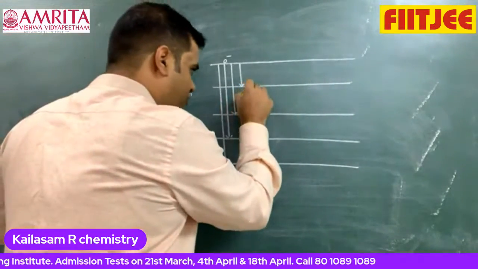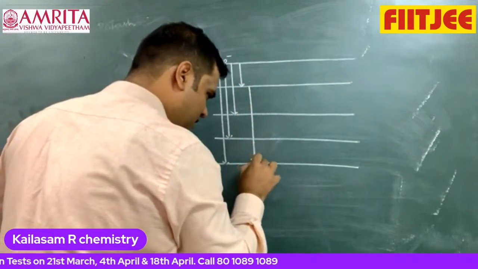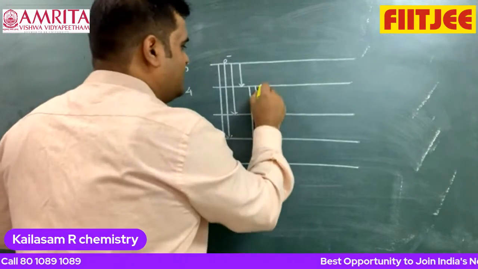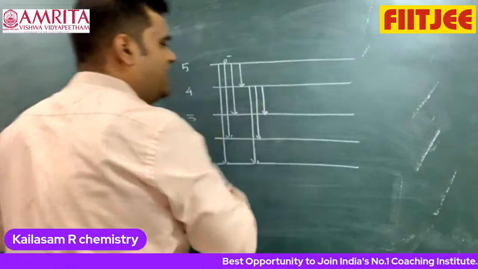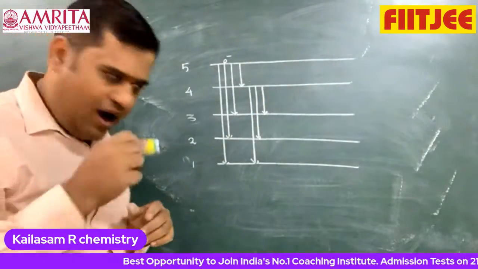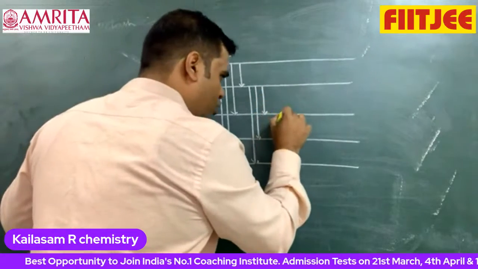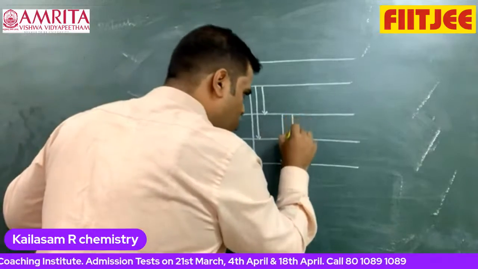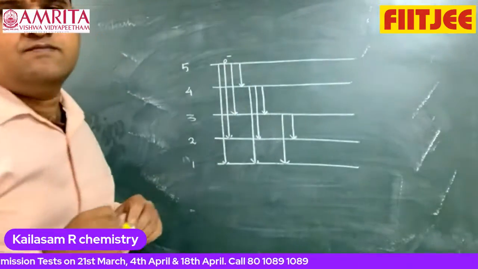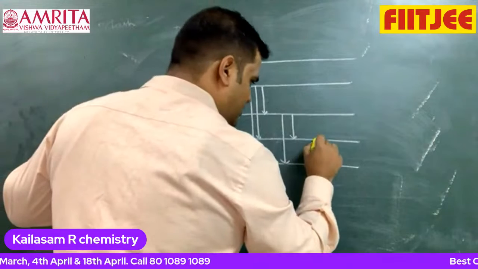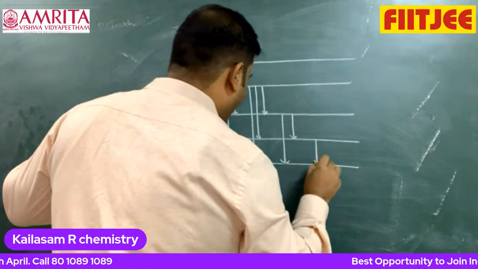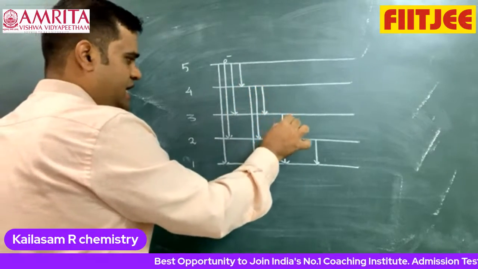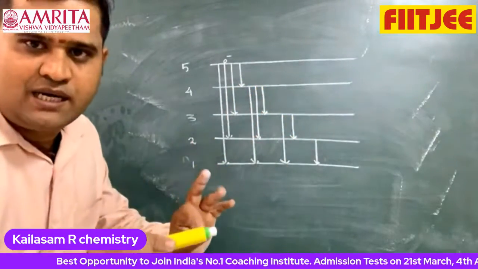Or it may go 3 to 1, or 3 to 2, or finally 2 to 1. 1, 2, 3, 4, 5, 6, 7, 8, 9, 10. You are observing 10 spectral lines.